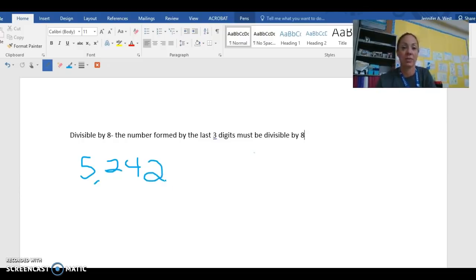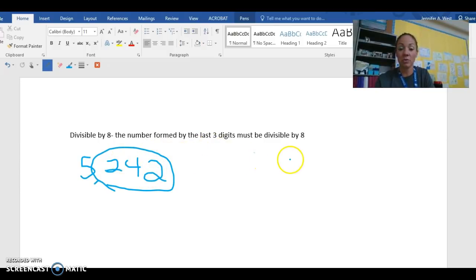Like evenly, is it divisible by 8? Let's see. I want you guys to try that one in your notes, actually. Divide 242 by 8. See if it is divisible by 8. If it's not, then 5,242 is not divisible by 8. If 242 is divisible by 8, then so is this whole 5,242.